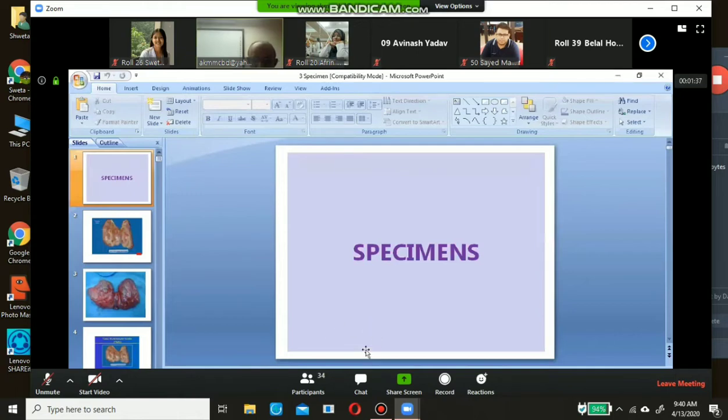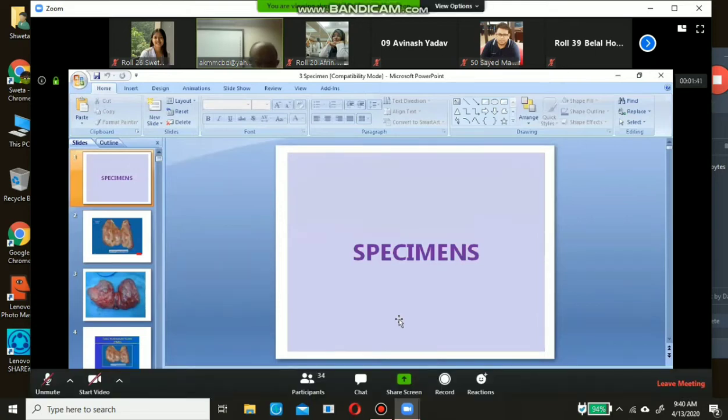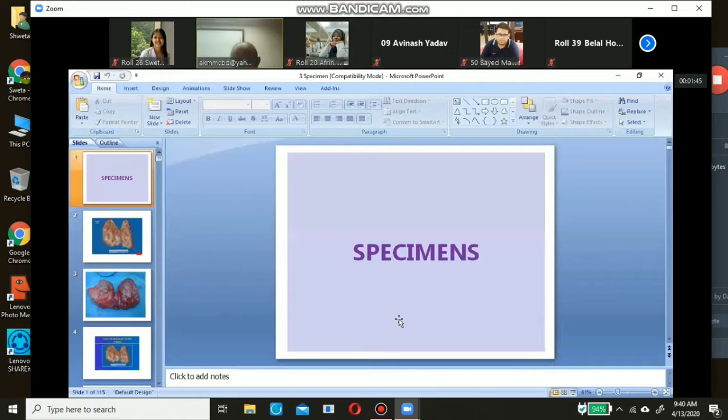In our last class, we talked about X-rays. In this class, we learn something on specimens. In your OSPE, you will usually get 1 or 2 stations on specimens.